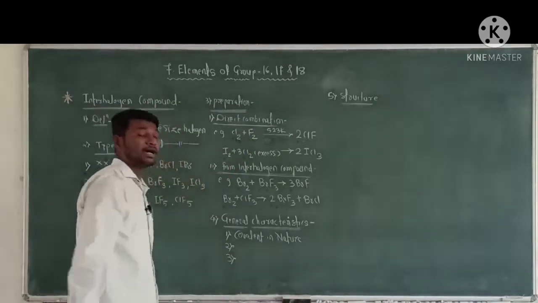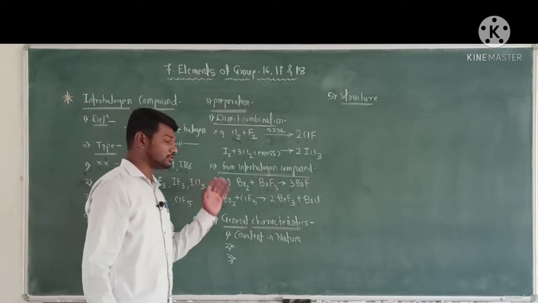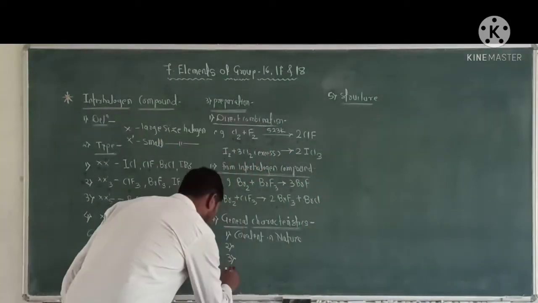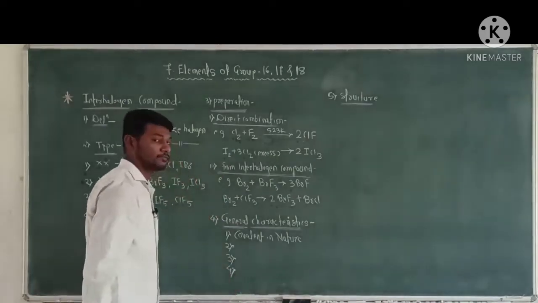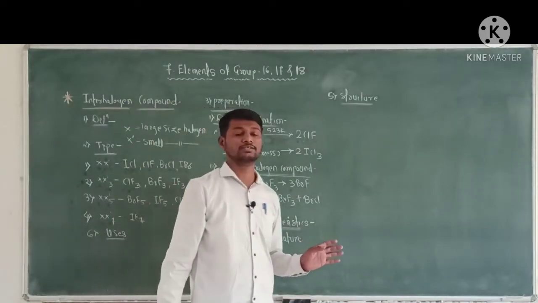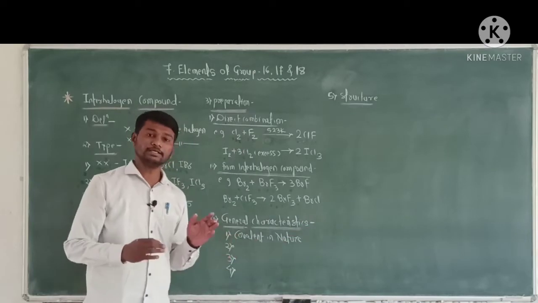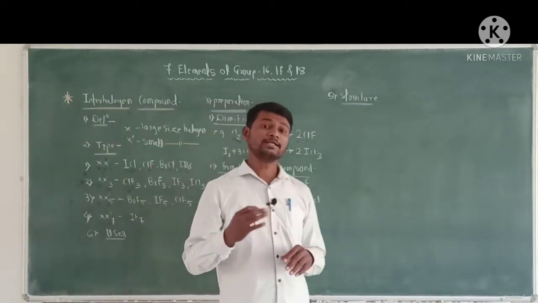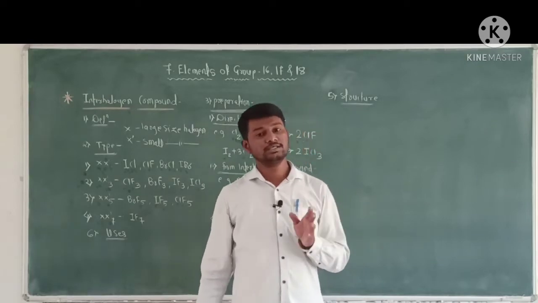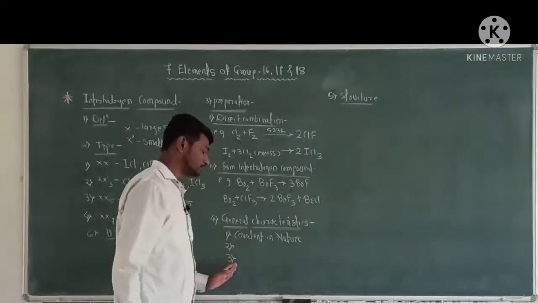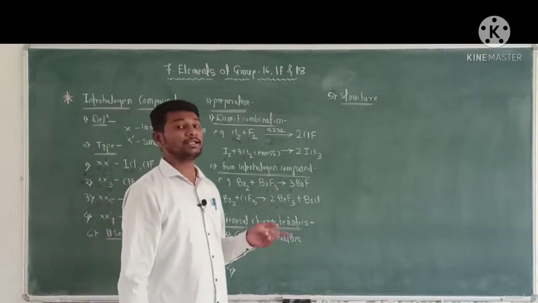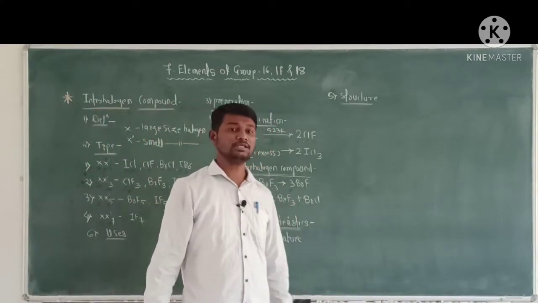Third, they are diamagnetic. Fourth, interhalogen compounds act as fluorinating agents and as strong oxidizing agents.